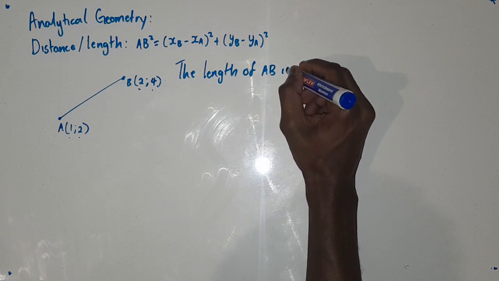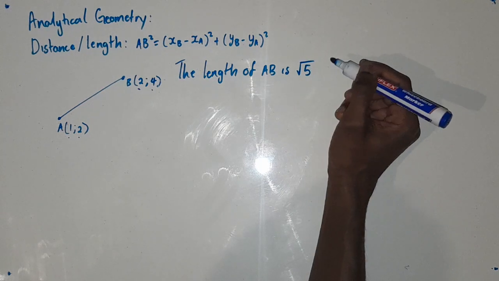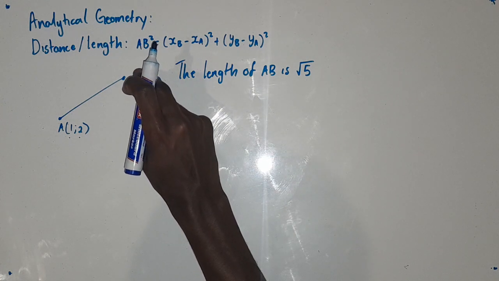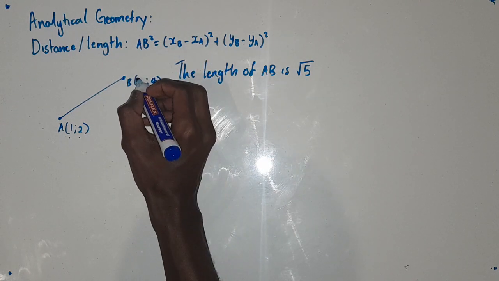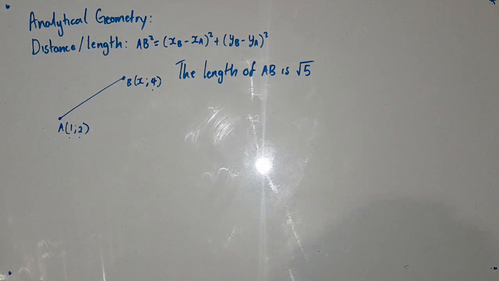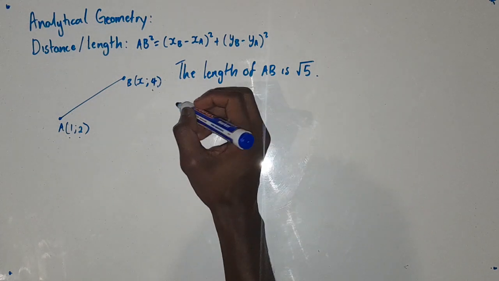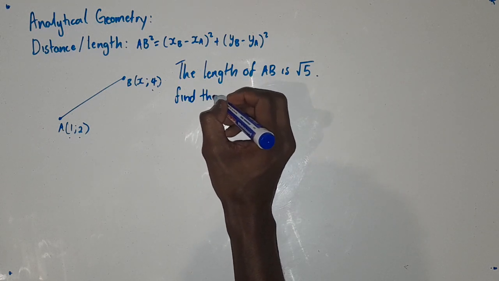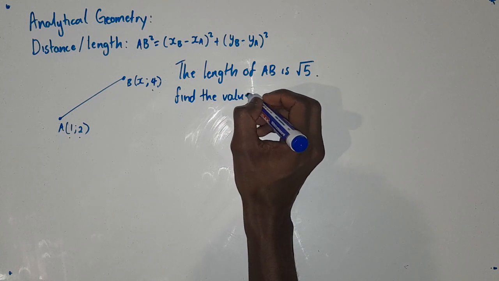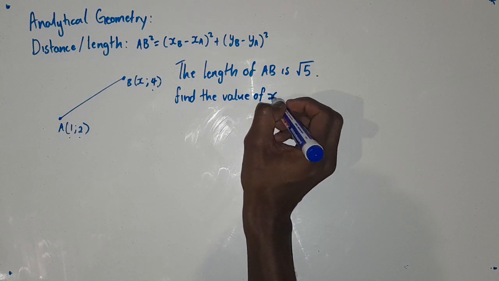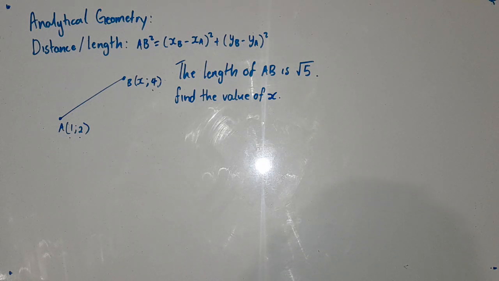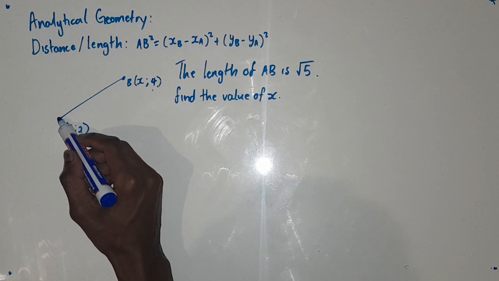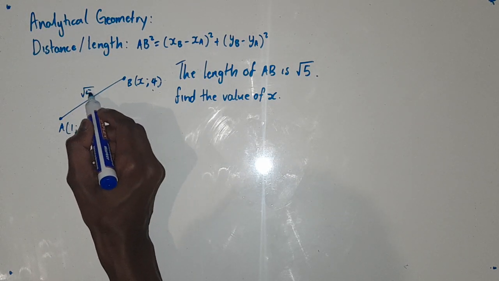The length of AB is, let's say, root of 5. You see? Then I decide to remove this, let us remove this and put x there. Then I ask you to find the value of x. How would you determine the value of x? Bear this in mind, they gave us the distance from this point to this point, which is root of 5.